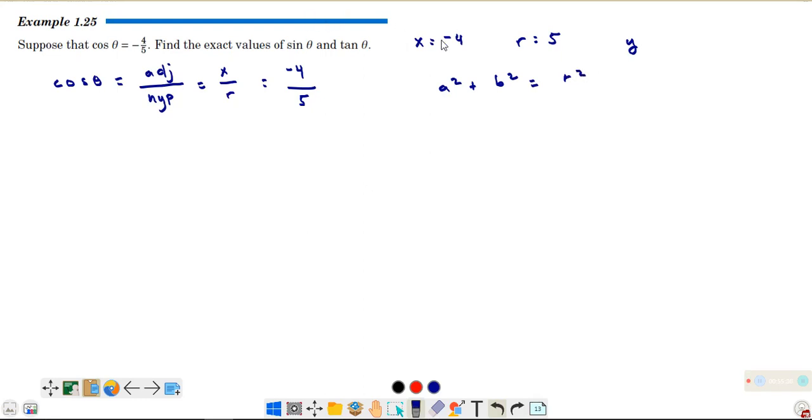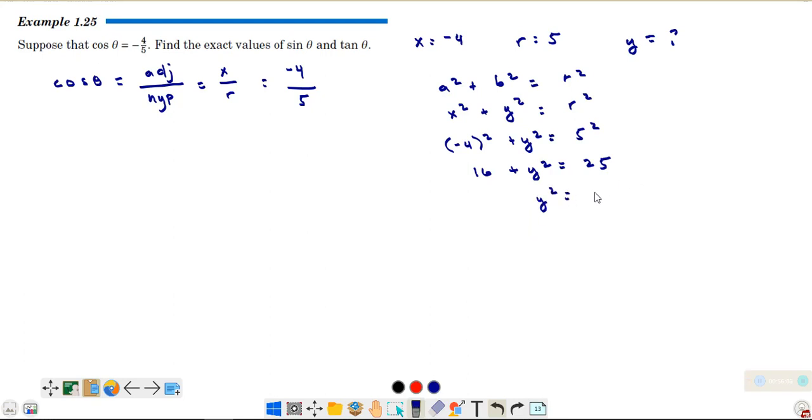So, kahit na hindi nyo isulat yung negative dito, parehas din yung magiging sagot since we are going to employ the squaring function. Substitute natin. Kahit sino dyan yung maging x, kahit si A or si B, okay lang. Basta one of the legs sila. So, meron tayo ditong x squared plus y squared is equal to r squared. We have negative 4 squared plus y squared is equal to 5 squared. We have 16 plus y squared is equal to 25.